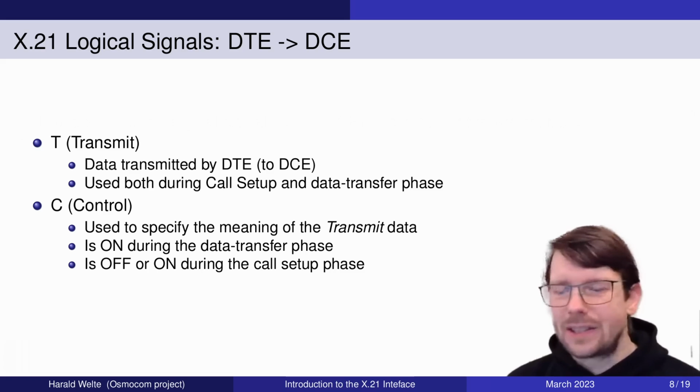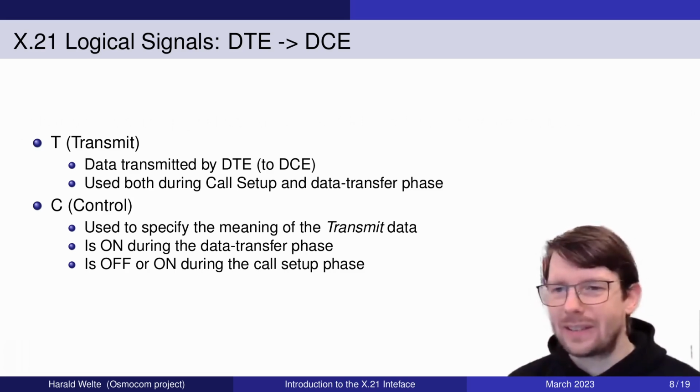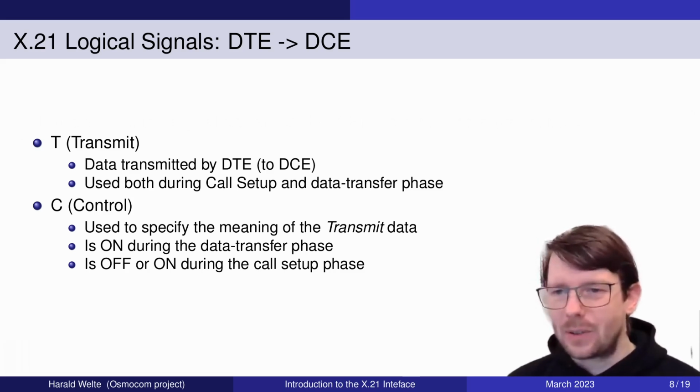And the exchange needs to feed back status information like unknown number or busy, all these things that also exist in a telephone network, but of course here in a fully digital way. And that also happens over the transmit line, but in combination with the control line. So we wouldn't really need a control line at all unless we needed the signaling.